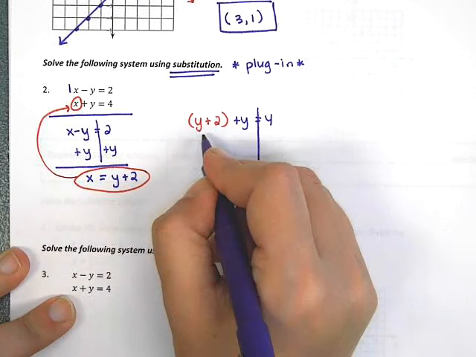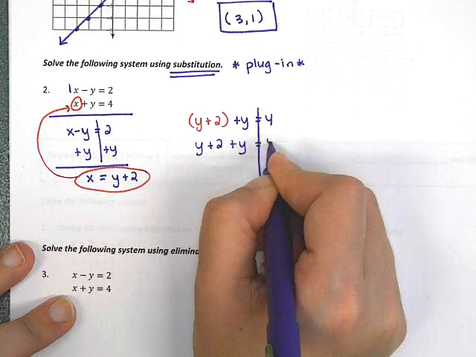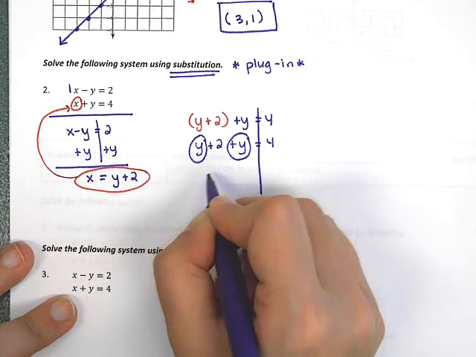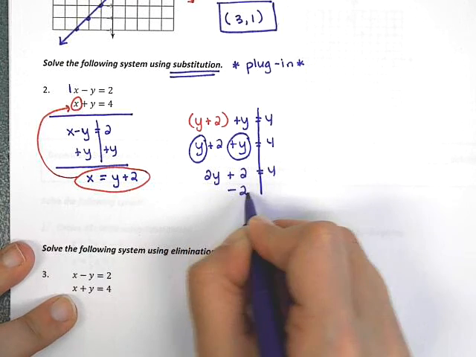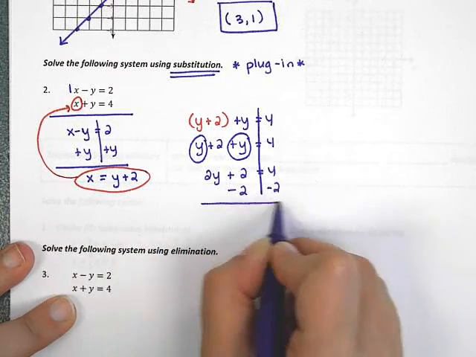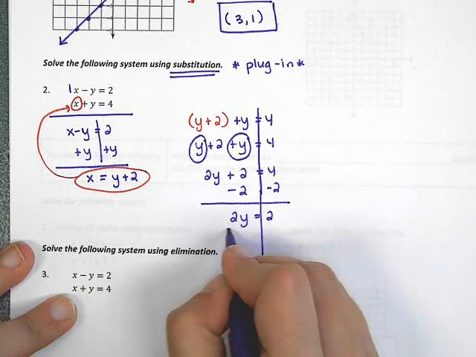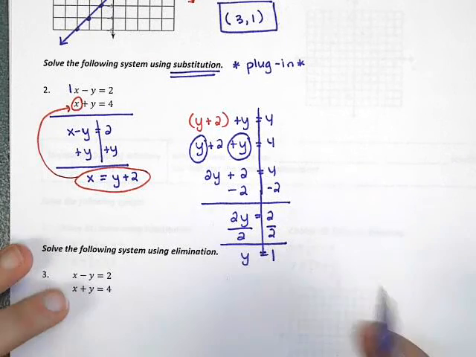Now y plus 2, there's nothing to distribute, so I'm just going to get rid of the parentheses and drop it down. Y plus another y makes 2y plus 2 equals 4. I'm going to subtract the 2 on both sides, so 2y equals 2, and I'm going to divide by 2 on both sides, so y equals 1.